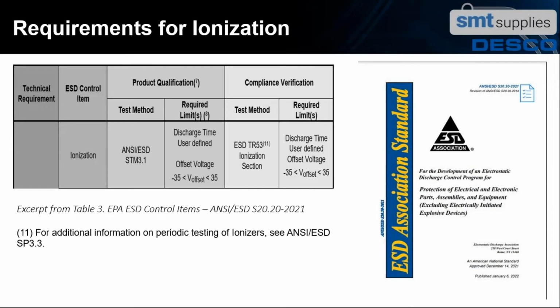If you have a lab in-house, that's fine too. Or if you buy a product from a company, they should have listed the testing that was done on that item, and you can use that. So a key thing on this page is the required limits. Discharge time is user defined.